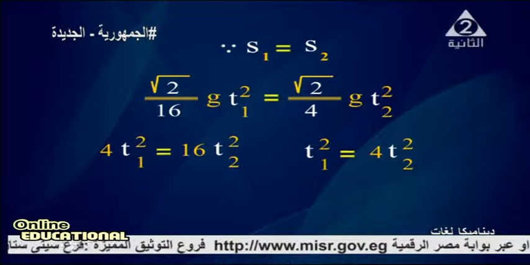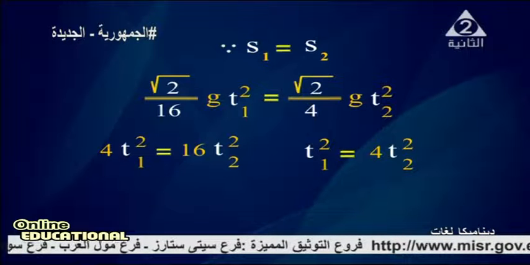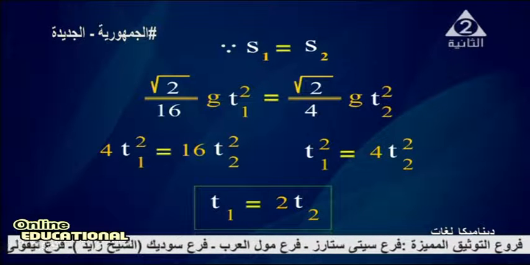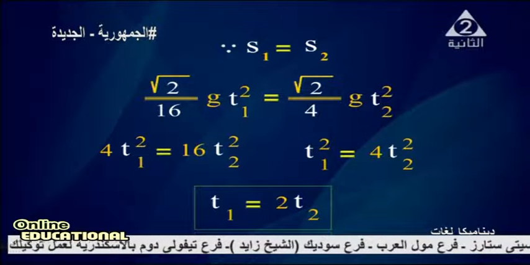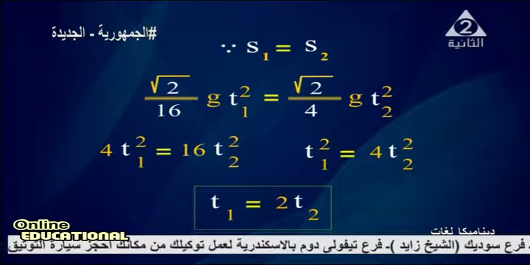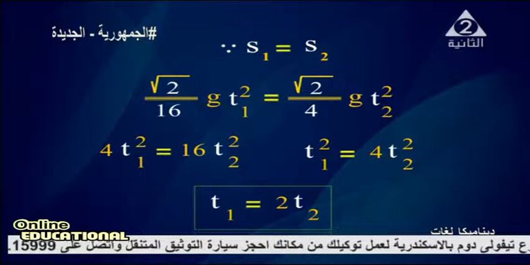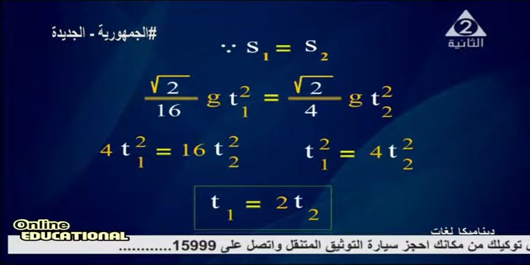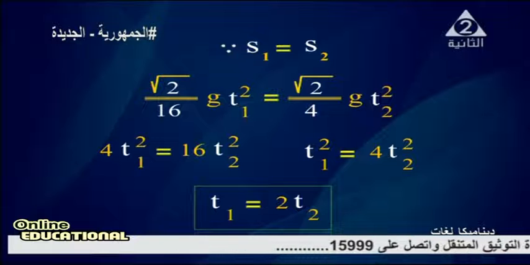Square root of t1 power 2 equals t1, and square root of 4 t2 power 2 equals 2 t2. Then the time taken in the first case equals twice the time taken in the second case.